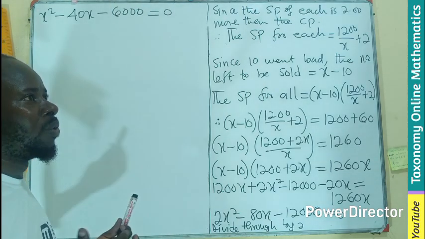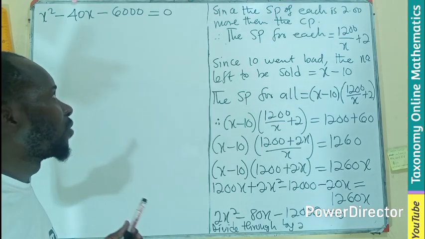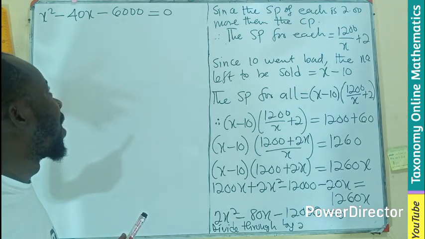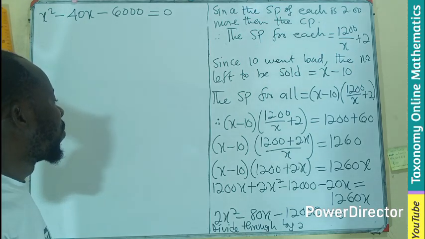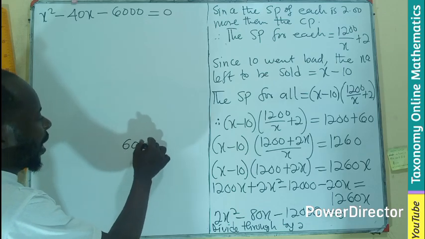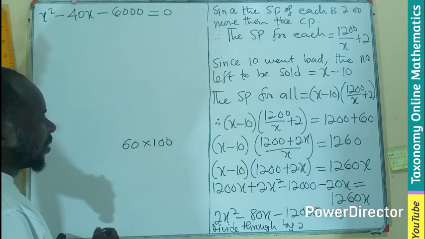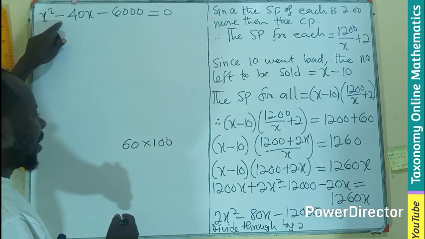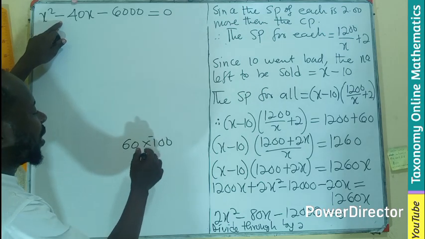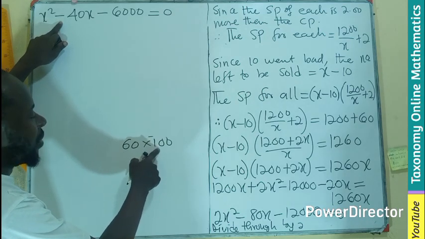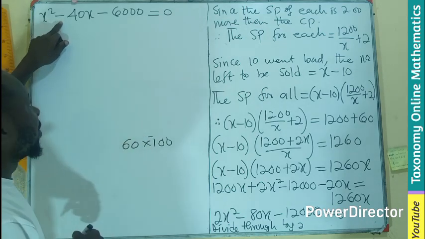Here it will be easy to find, right? We are looking for factors of 6,000. We can have 60 and what? And 100, right? Then since we are having negative here, one of the factors picks the negative, which is 100. I think when they multiply, we get that.